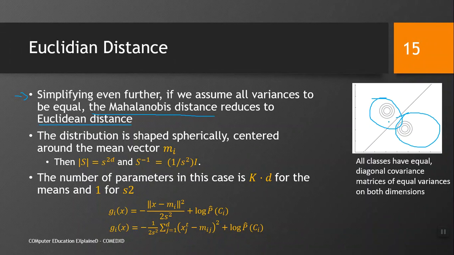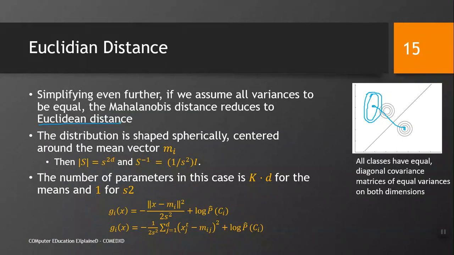In this case, if we have to find the distance of this point from this point, it could be easily found with the help of Euclidean distance. But in a different case, for example, if we have this kind of distribution, then finding the distance from this point to this point cannot be calculated simply with Euclidean distance.